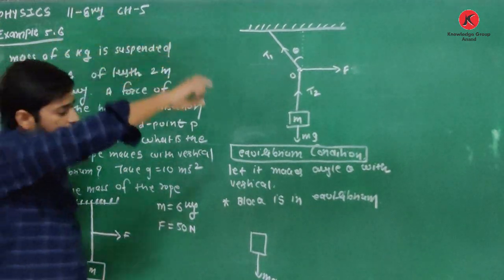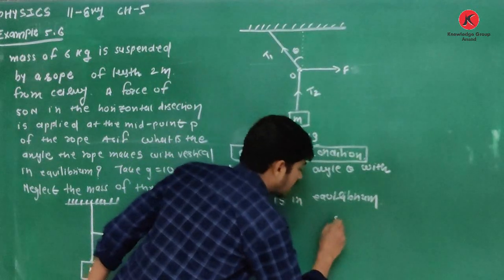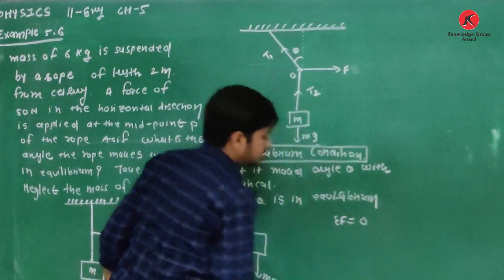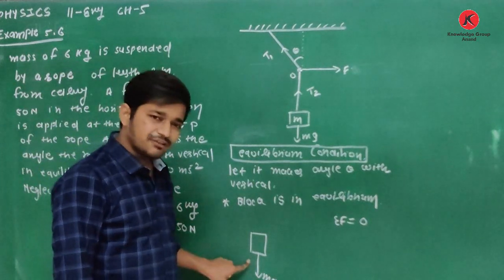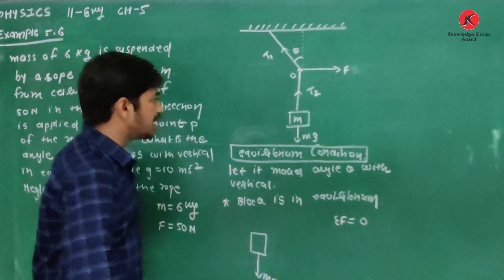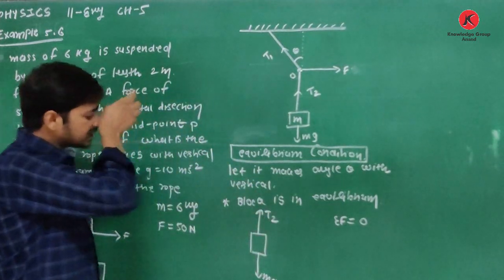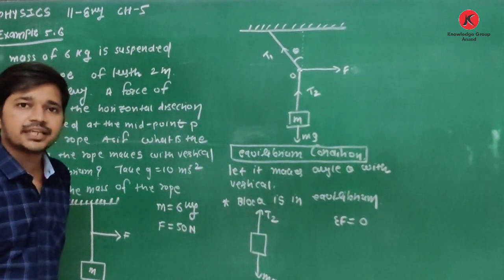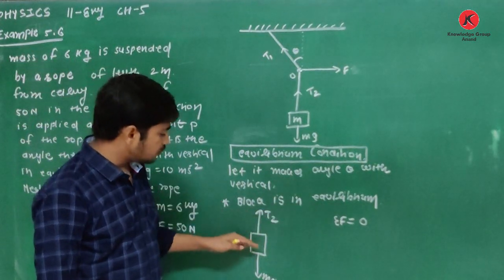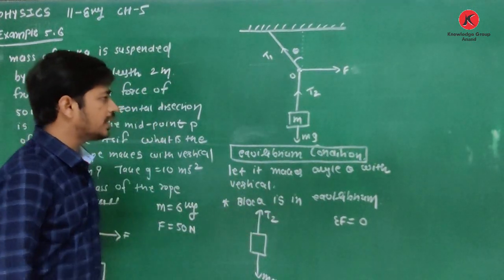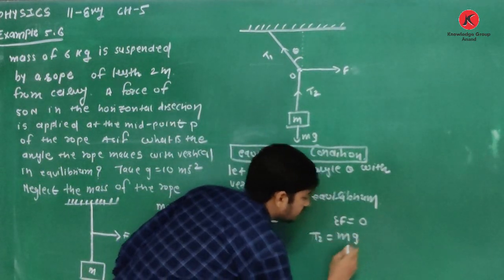If the block is in equilibrium, sigma F is equal to 0. Then for equilibrium, if mg is acting downward, obviously tension T2 is acting upward. In equilibrium, the force acting upward is equal to the force acting downward. So T2 is equal to mg.